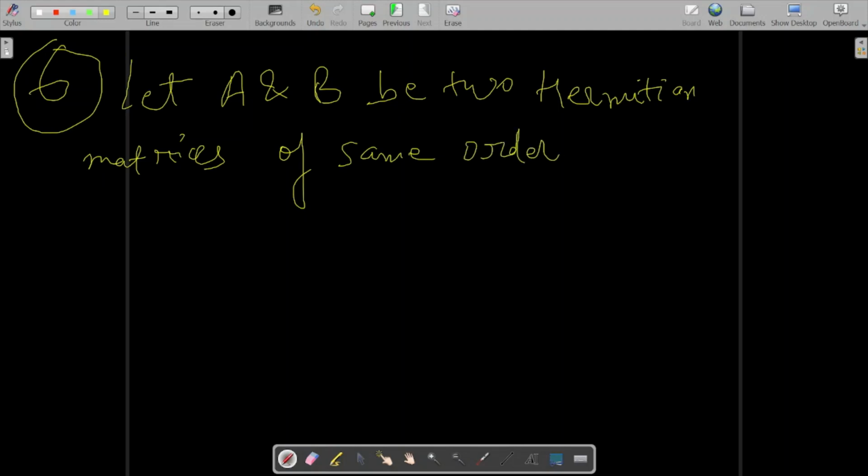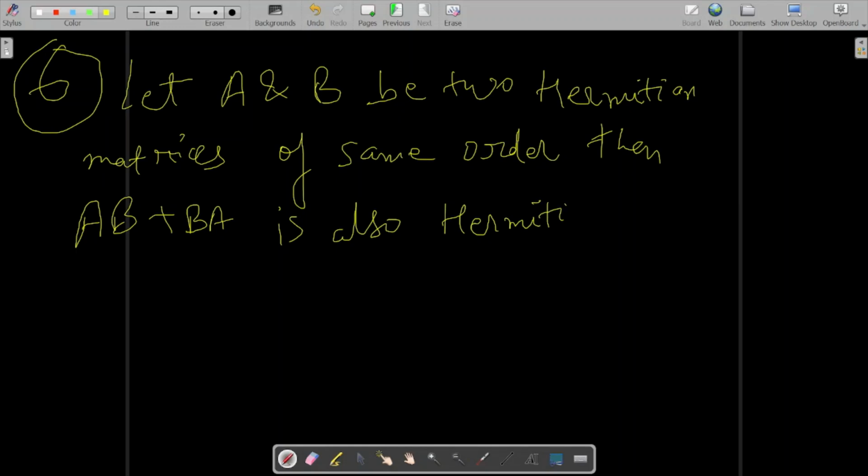Let A and B be two Hermitian matrices of same order. Then AB plus BA is also a Hermitian matrix. You have to prove it yourself. It is very easy to prove this.